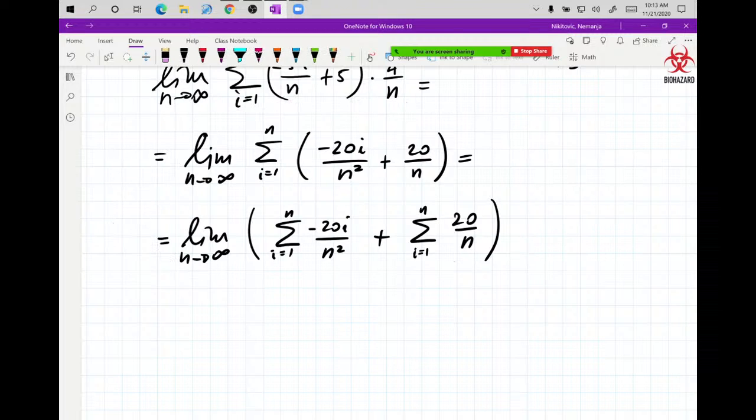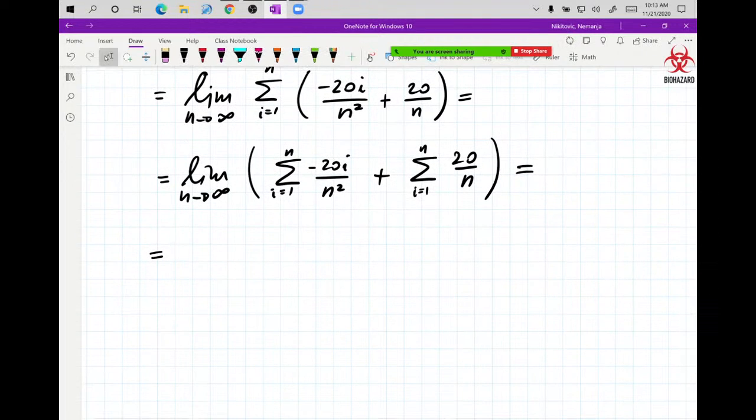And now, when you look at this, the variable that the sum operates on is i, not n. So you can kick constants and other parameters like n in front of the sum because the sum doesn't care about those.